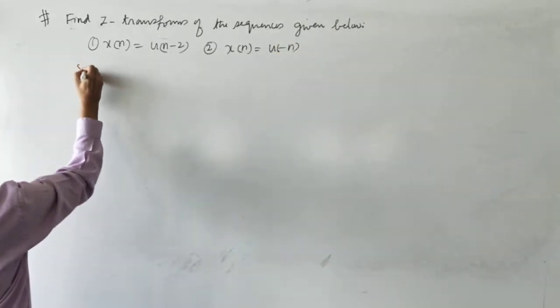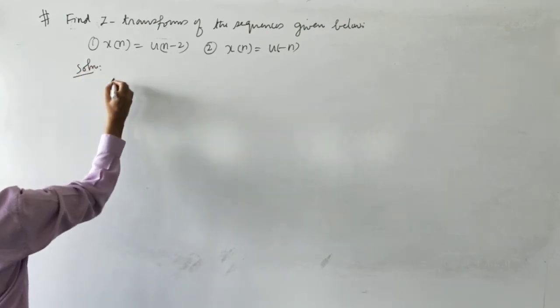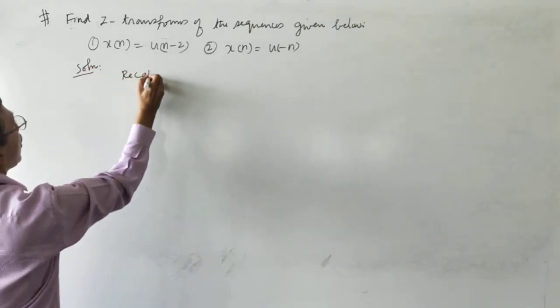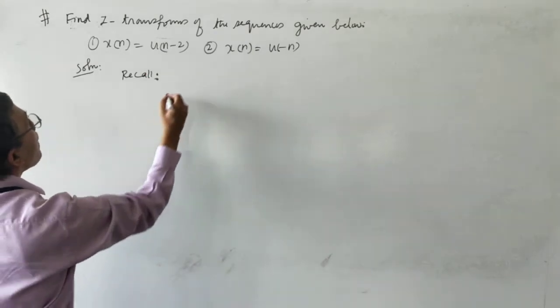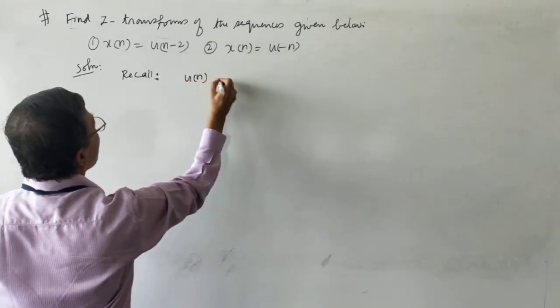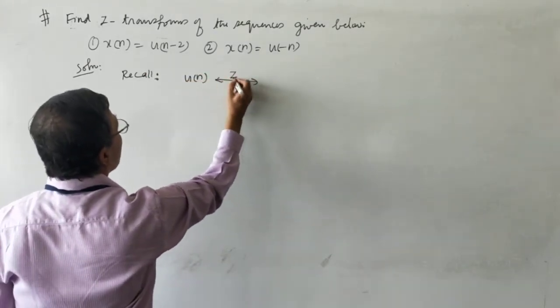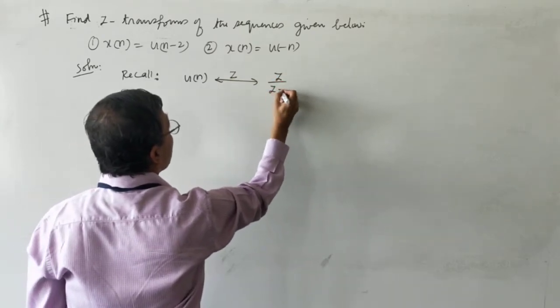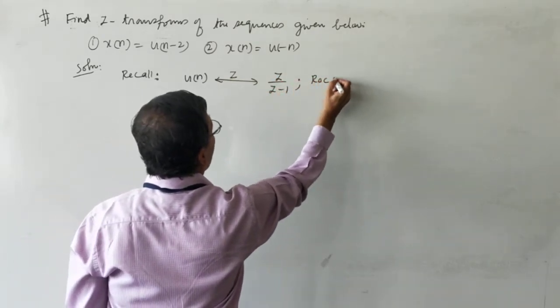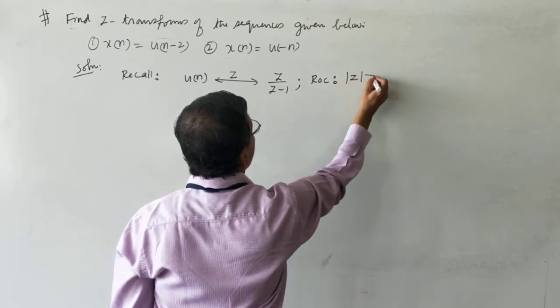Solution. Recall u of n, just now we did, has a z transform z by z minus 1. ROC is mod z greater than 1.